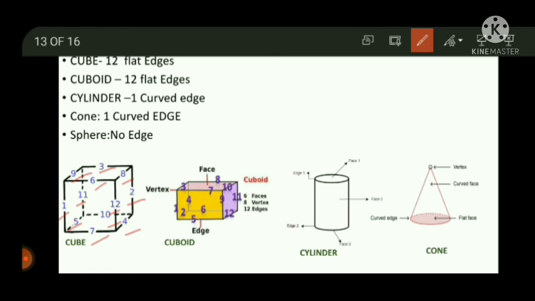So there are 12 edges in a cube. Similarly, in a cuboid, there are 12 edges. But if I look at a cylinder, there is only one curved edge.